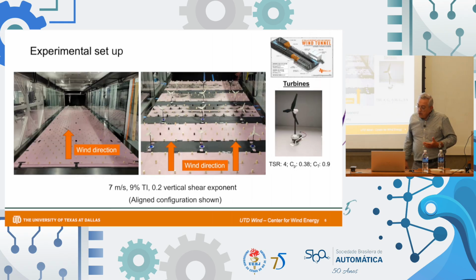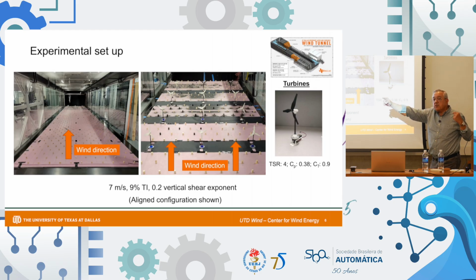Everything I will show you are going to be experiments. There may be some equations hidden in one of the slides, but everything is our experiment. So we have a wind tunnel. It's a huge wind tunnel. It has a test section that is 30 meters long, and you see it here.